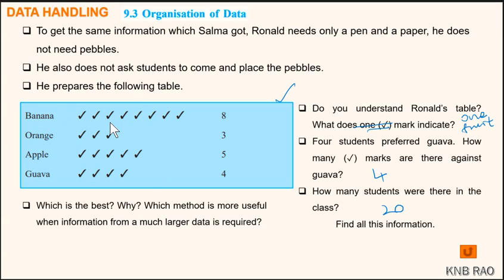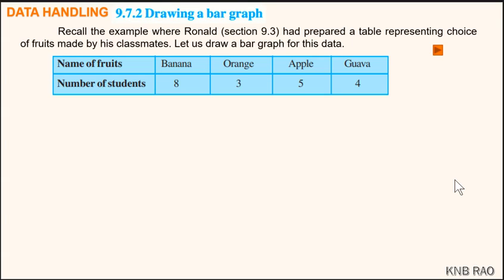So, with the pen and paper he has collected 8 students like banana, 3 like orange, 5 prefer apple and 4 students want to have guava. For this data we are going to draw a bar graph, and I have taken the same data in this table format.